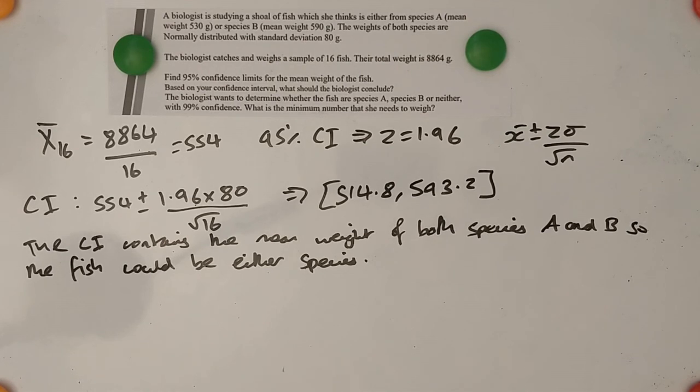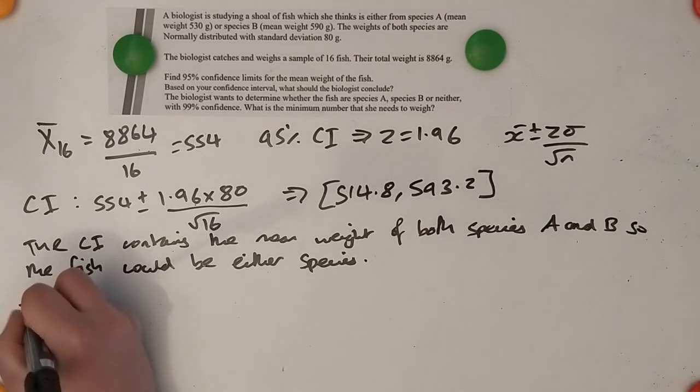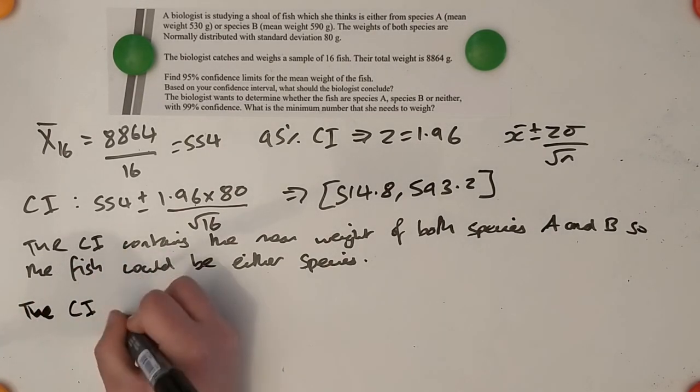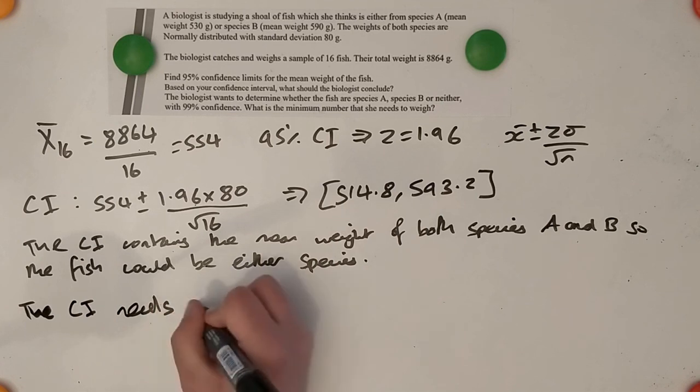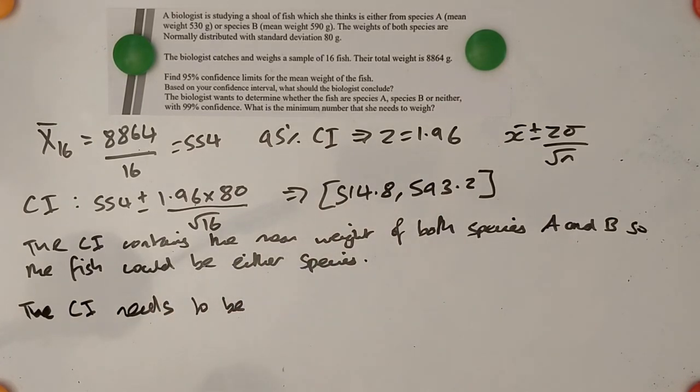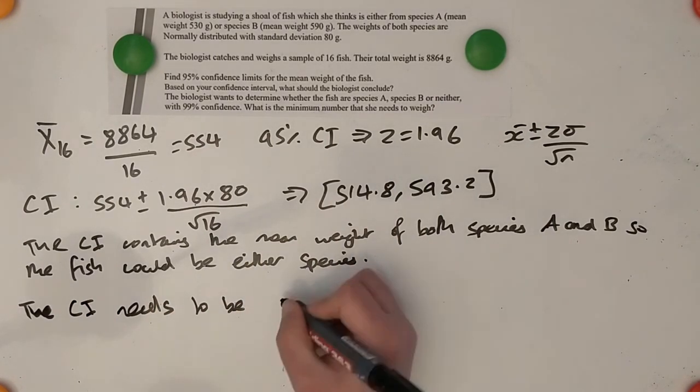The biologist wants to determine whether the fish are species A, B, or neither. With 99% confidence, what's the minimum number that she needs to weigh? So that means the confidence interval needs to be less than 60 grams.